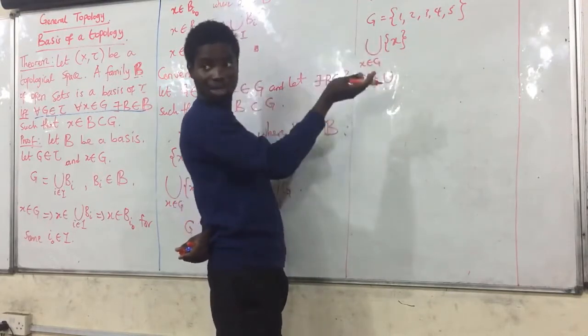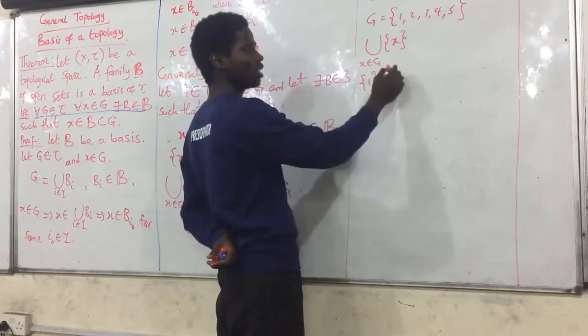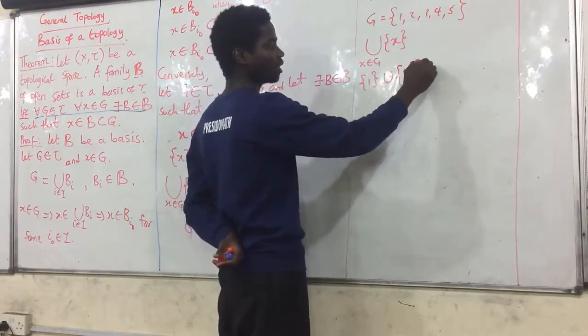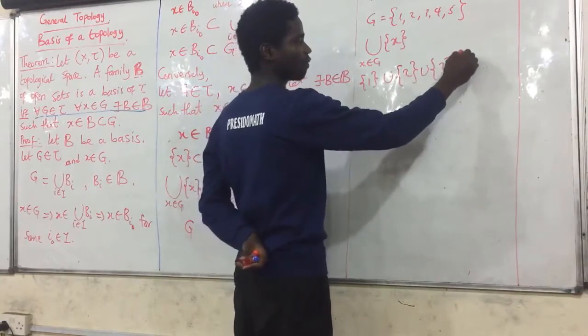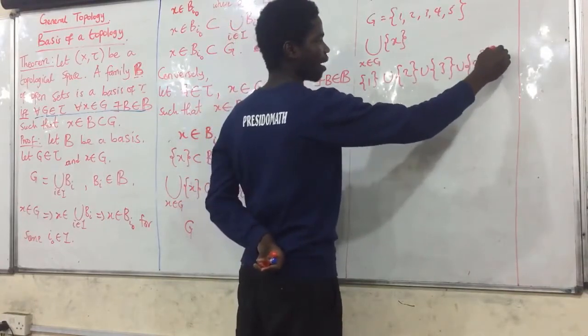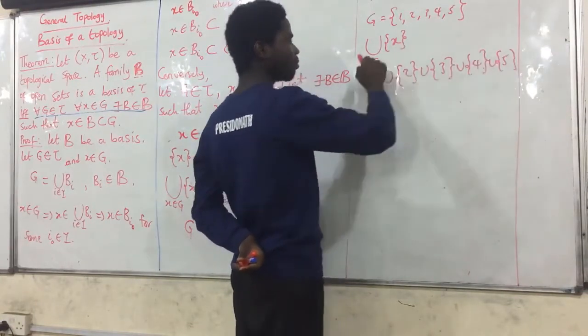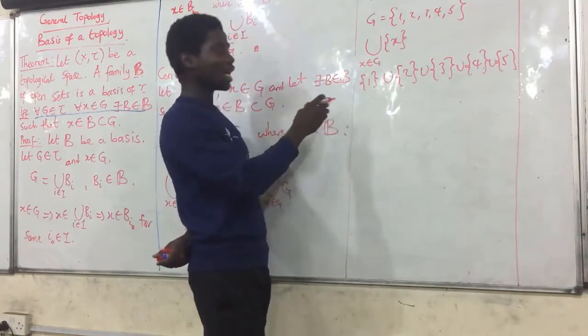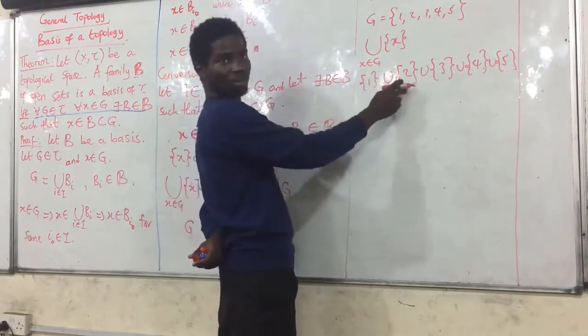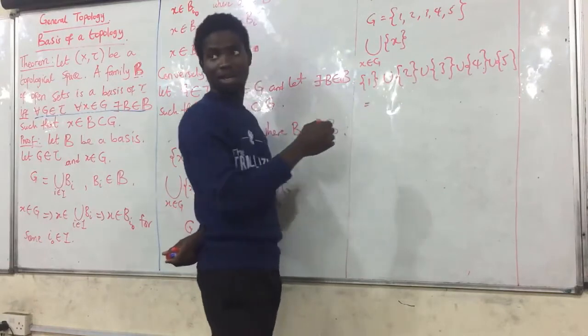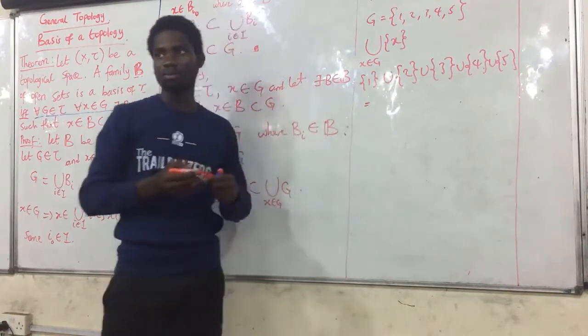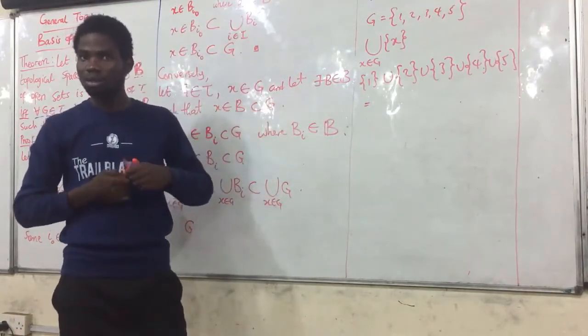You know what this big union means now? Take 2 again. 2 is in G. Singleton 2. Take 3. Take 4. Take 5. Is there any other element in G that I have not written? No. Now, what's the union of singleton 1 union singleton 2 and so on? What will be the answer?